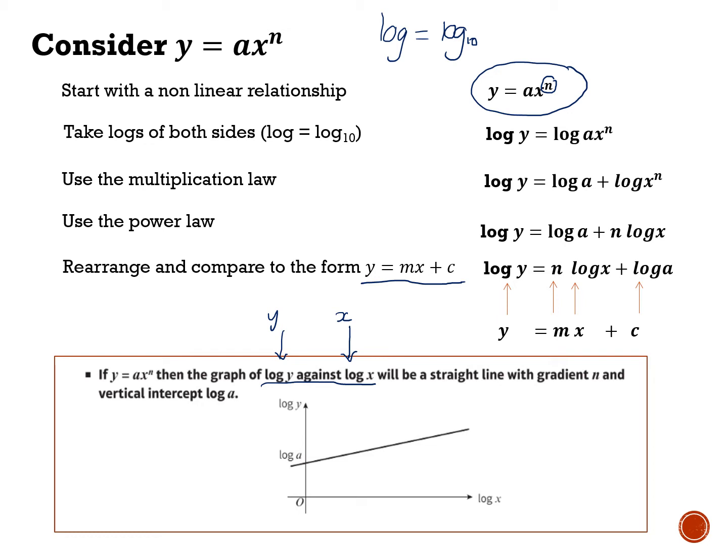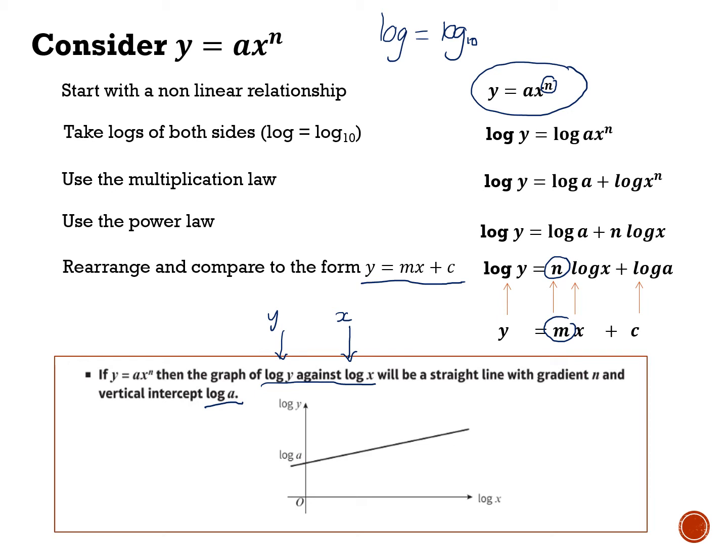The gradient will be n, you can see that, where your m here relates to your n here. And your y-intercept, well, it's not y-intercept because it's a log y-axis, but your vertical intercept will be log a. So if you can read off where your graph crosses that axis, then you can work out what the value of a is, or you can see how it relates to your original function.